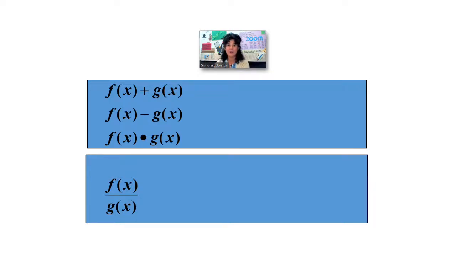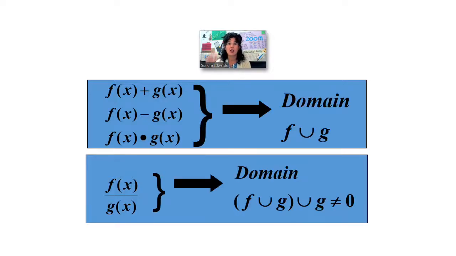So a quick summary, if you were adding, subtracting, or multiplying functions together and you want to find their domain, you find the domain of each of them separately and then combine them. Now, if you're going to divide a couple of functions, then you have to add an extra step. You still find the domain of each one of those functions separately, but then you also are going to take whatever function you're dividing by and set it not equal to 0.